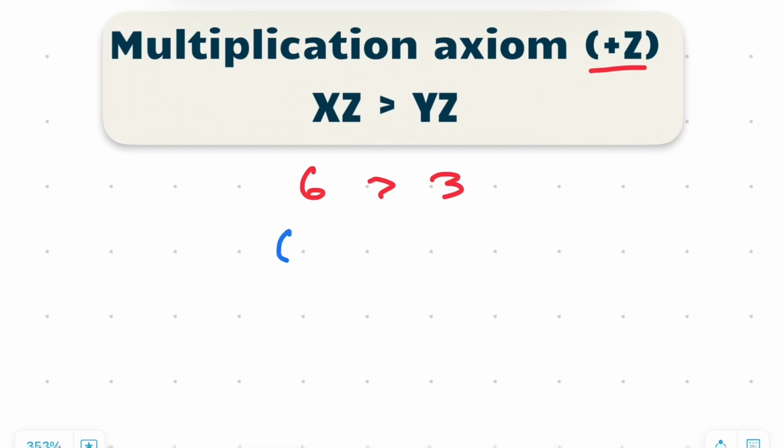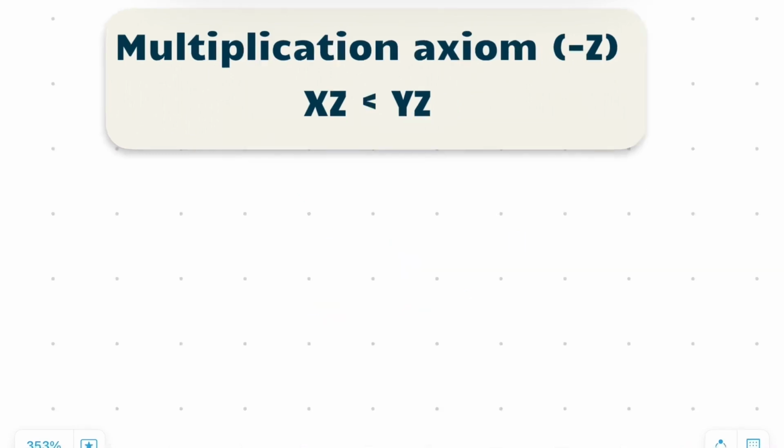So let's do that. Is 6 times 3 greater than 3 times 3? Well, yeah. 6 times 3 is 18, and 3 times 3 is 9.